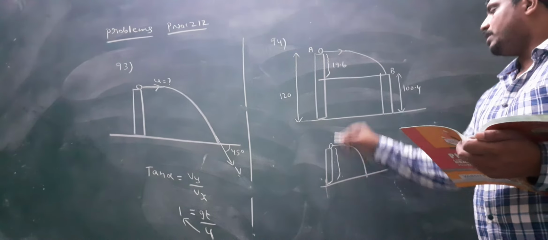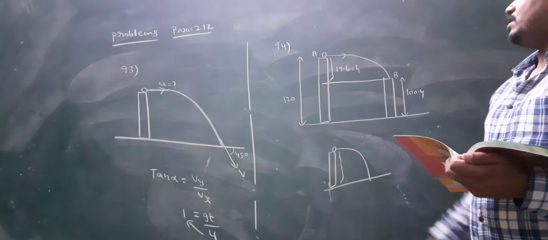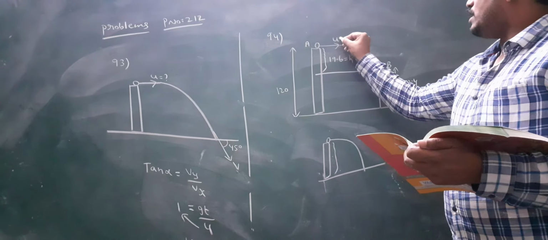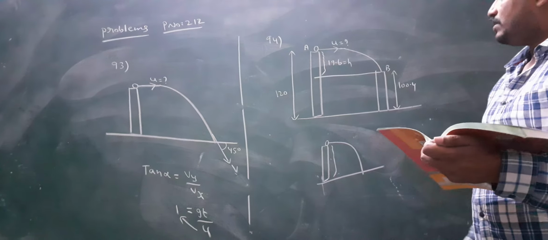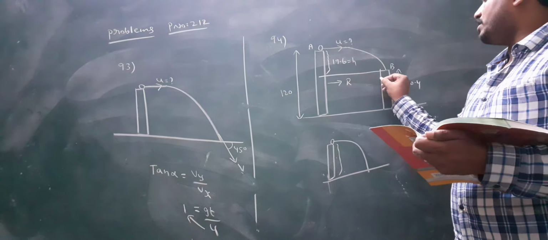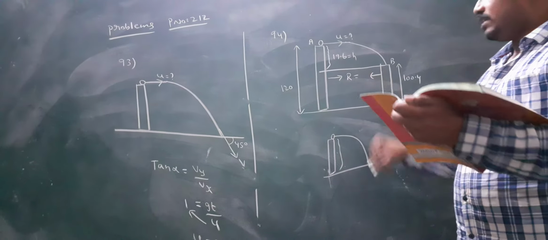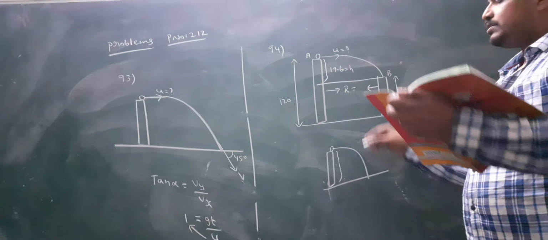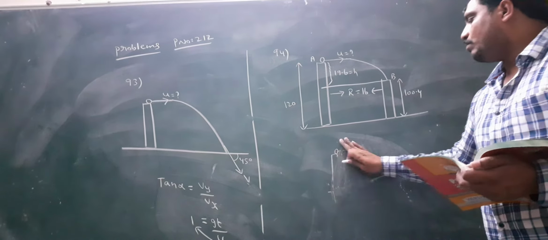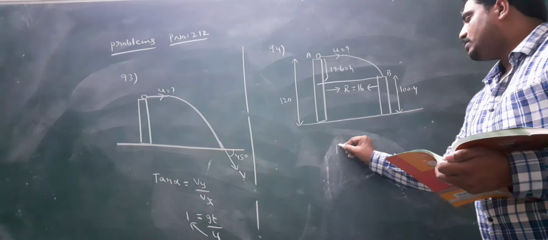This is small h. In the question, to find the horizontal velocity, the distance between the two towers is called range. What is the value of the range given? 16 meters. Keyword in the problem: range is given.